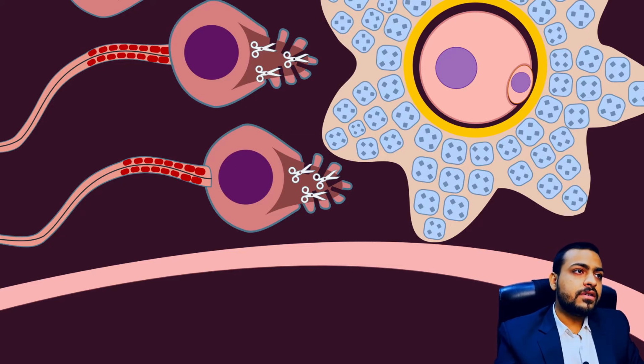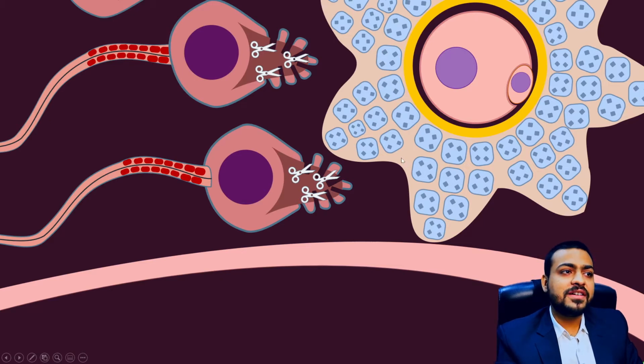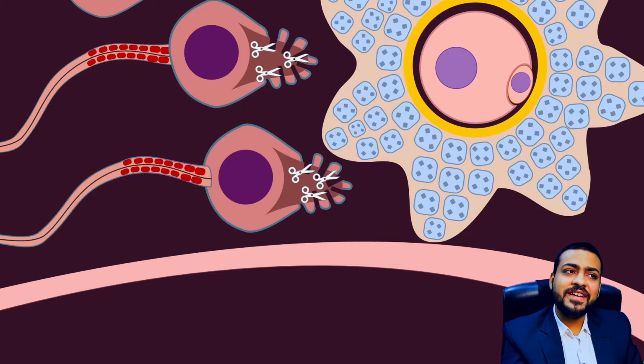What hyaluronidase will do is this: if we see this diagram, these corona radiata cells are embedded into a special ground substance called, what is that called? Hyaluronic acid.